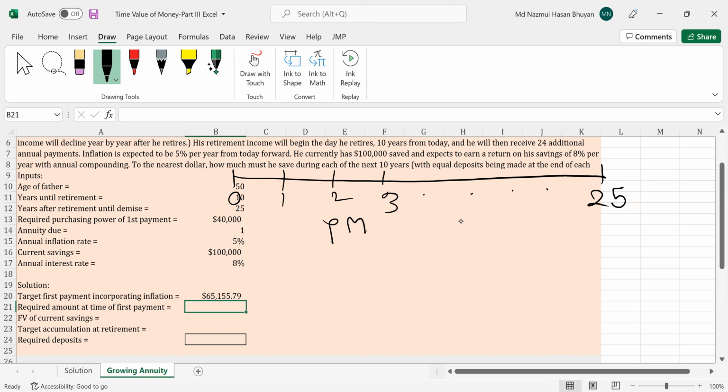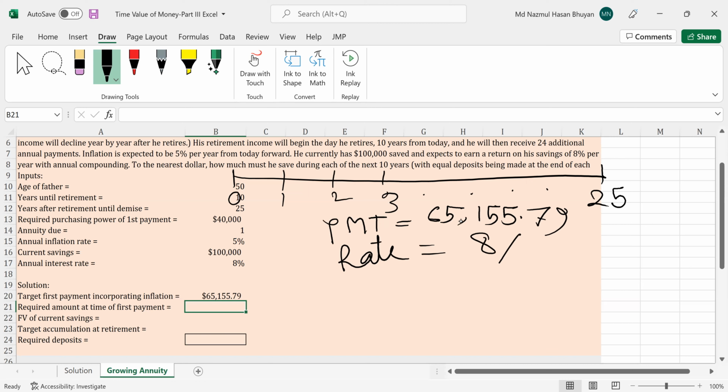The periodic payment PMT here is equal to $65,155.79, and then the interest rate here, rate 8%, and then NPER here is how much? 25 years, and then you want to know how much you need to accumulate right here.